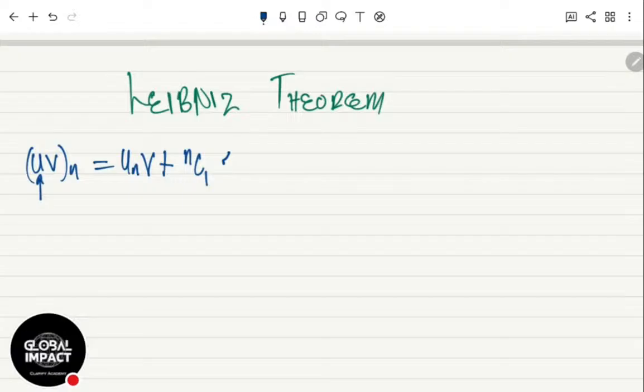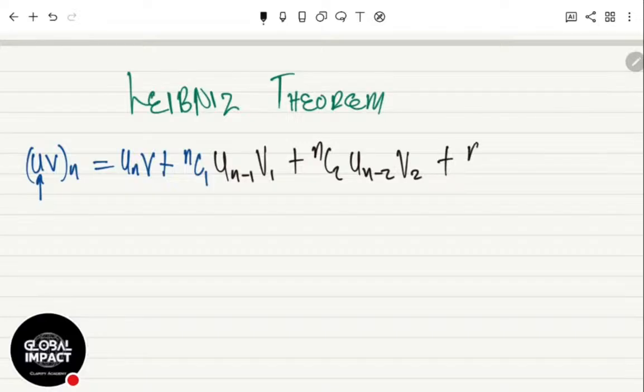Then u to the n minus 1, v to the 1, plus n choose 2, u to the n minus 2, v to the 2, plus n choose 3, u to the n minus 3, the derivative number 3 behind n. So we start from n and we go down.